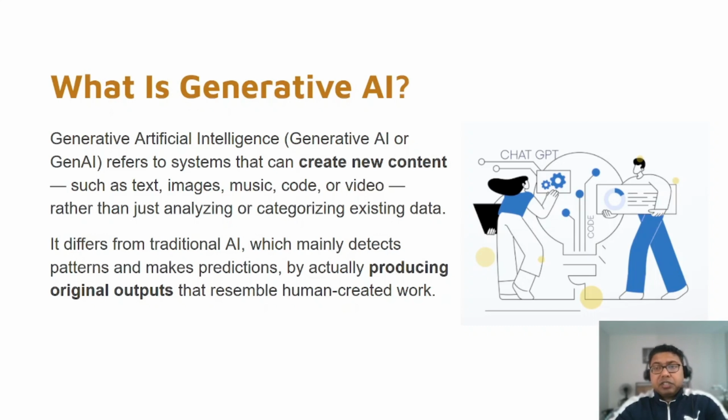So by definition, generative AI actually creates new content. It may be text, images, video, or audio, but it basically creates new, human-like content. So this is the basic definition of generative AI.